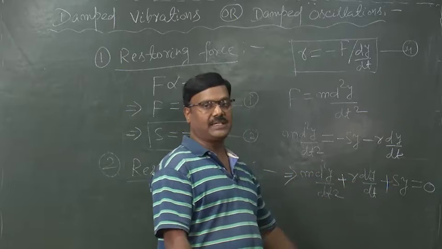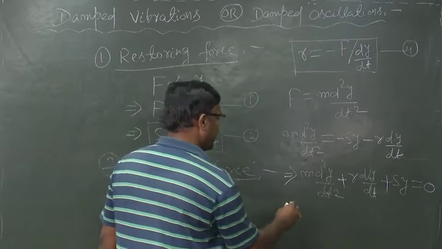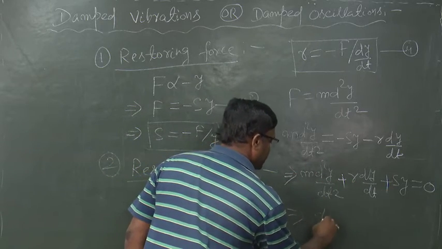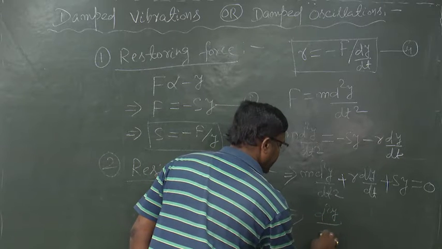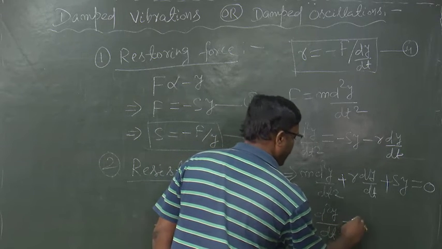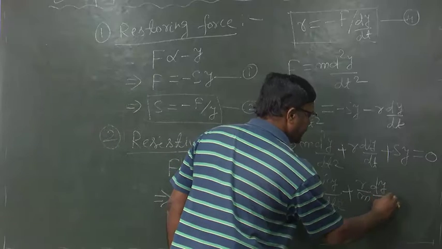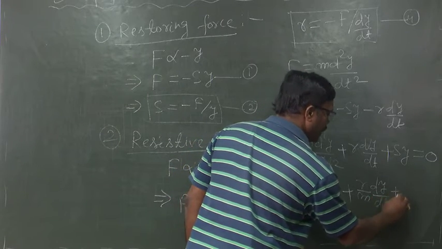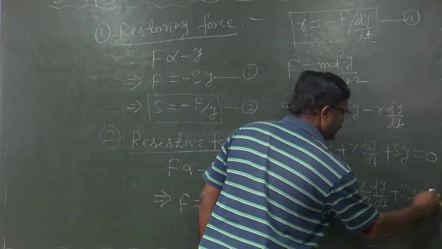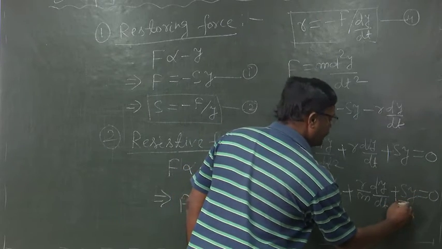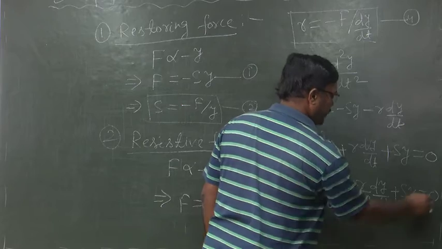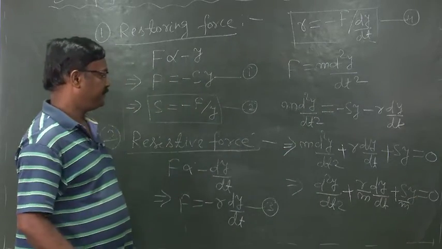Dividing by m, we get d square y by dt square plus r by m dy by dt plus s by m into y equals 0.